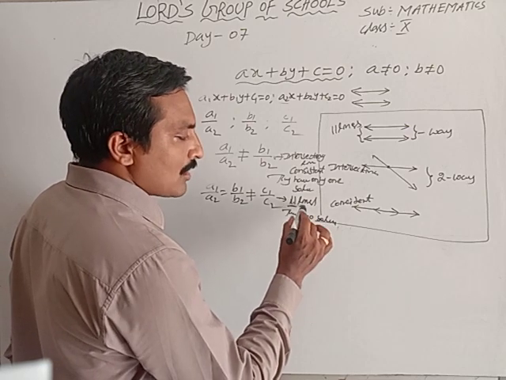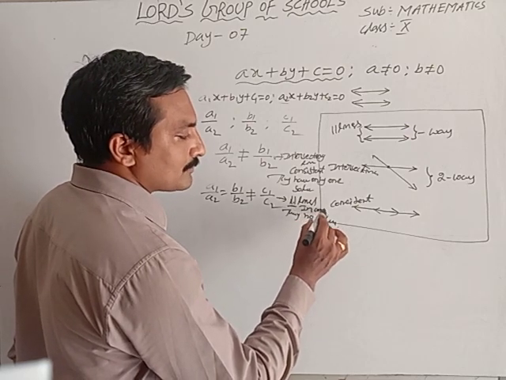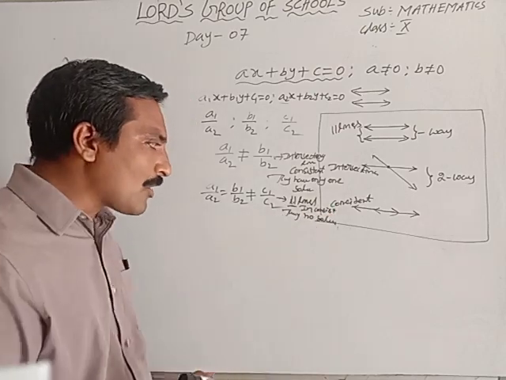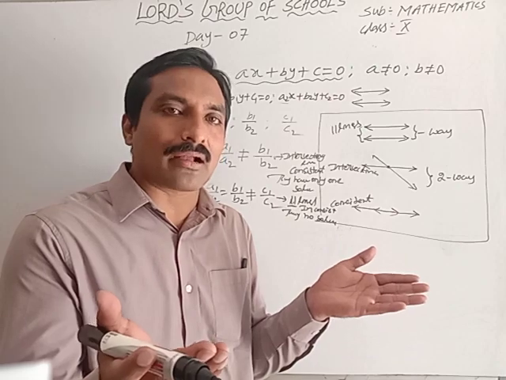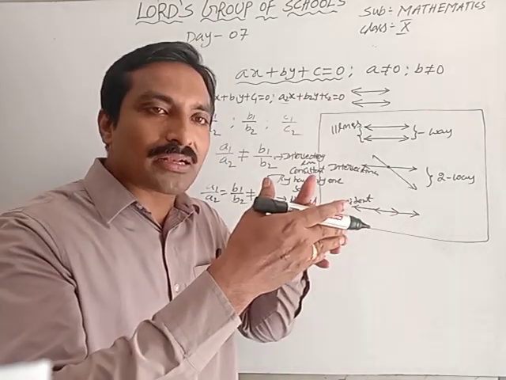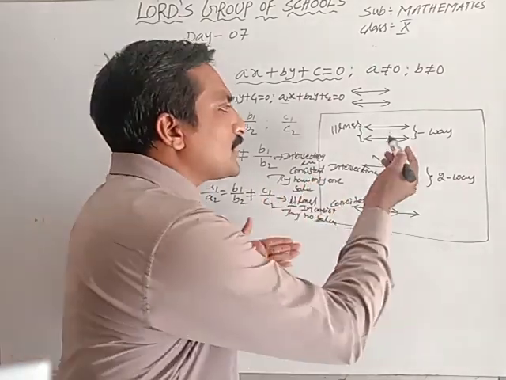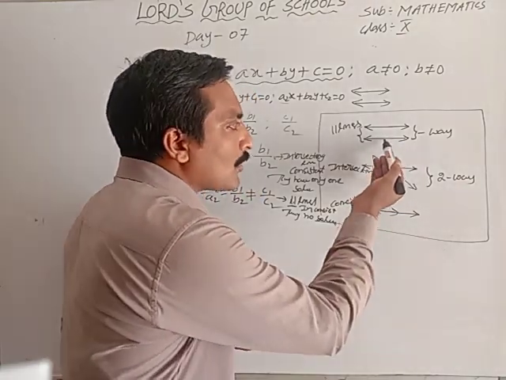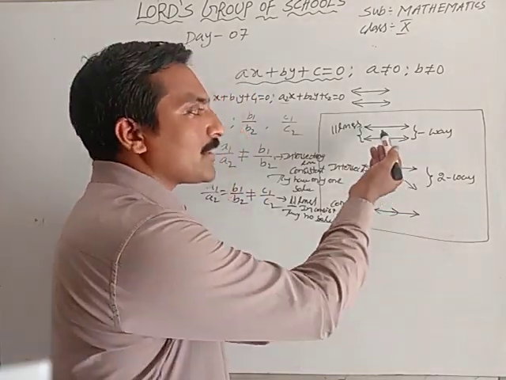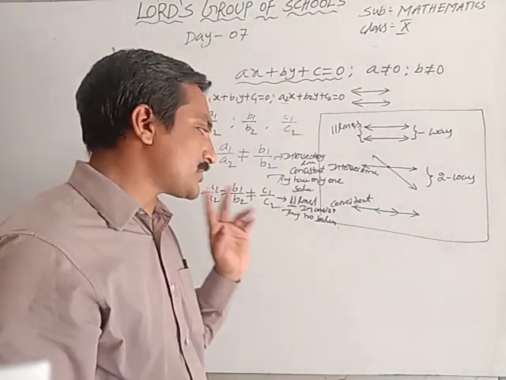This is also called inconsistent. Why do they have no solution? Parallel means, for example, a railway track. The two tracks do not meet. If they met, we would get a solution. If the two do not meet at any point, that is why they have no solution.